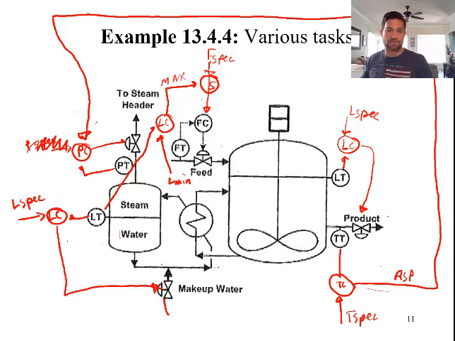I can no longer fill up this level using the makeup water. Therefore this is doing too much heating. If the reactor is doing too much heating, that means the feed to the reactor is too high. More feed, more reaction, more heating. So we need to back off on the feed.